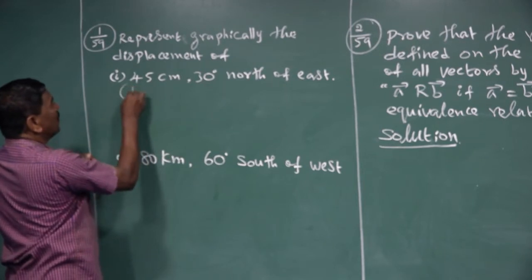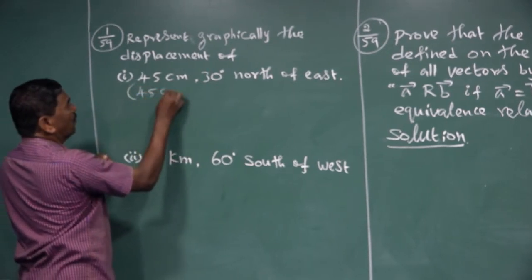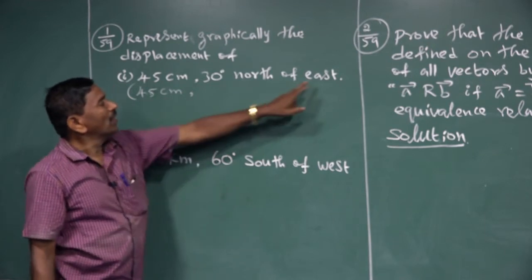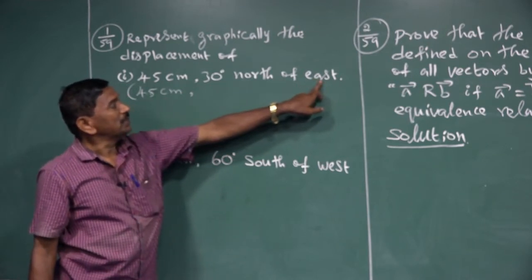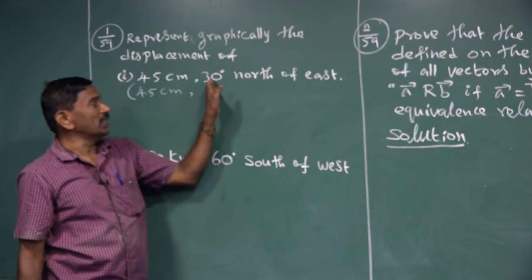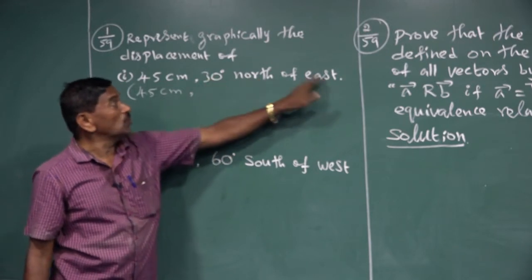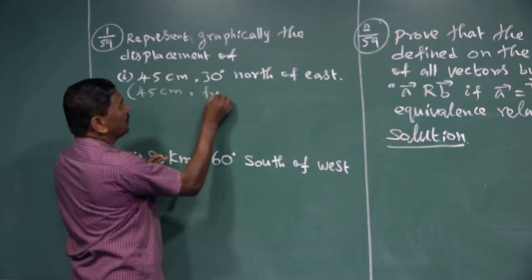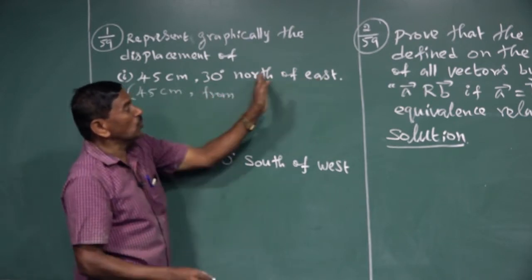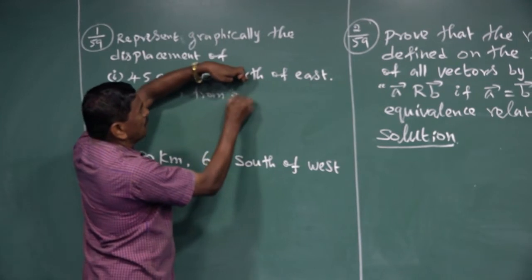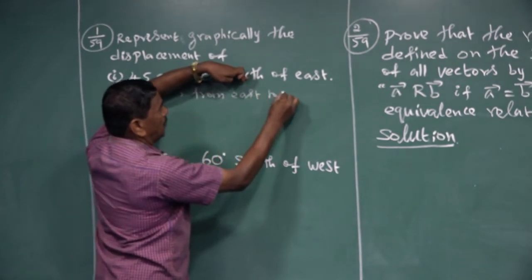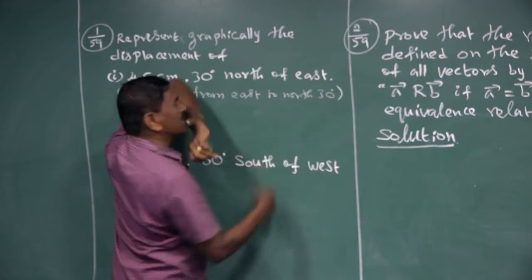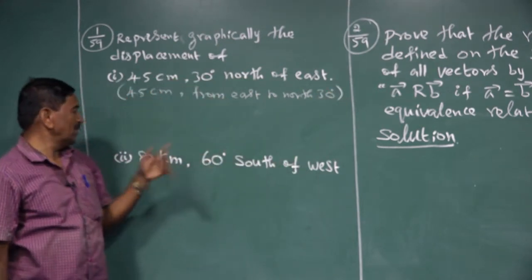Listen. 45 centimeter, from east to north 30 degree. So which is the concept? From east to north. Similar idea here.